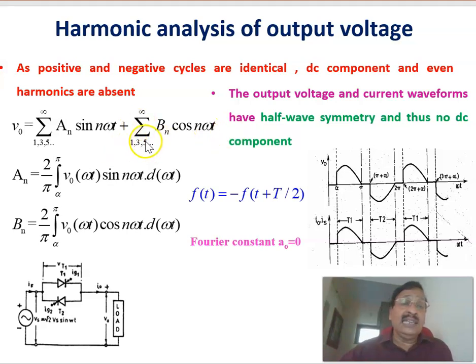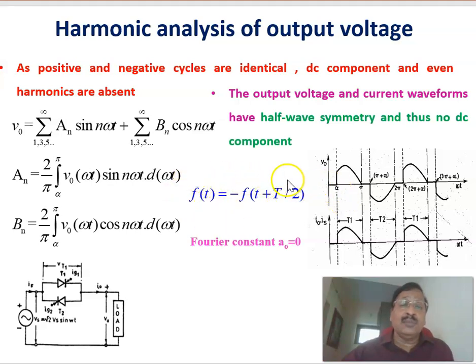For n corresponding to 1, we call it the fundamental. Corresponding to 3, we call it the third harmonic, like that. Therefore, AN can be calculated. Since it has half-wave symmetry, f(t) equals minus f(t plus T by 2).